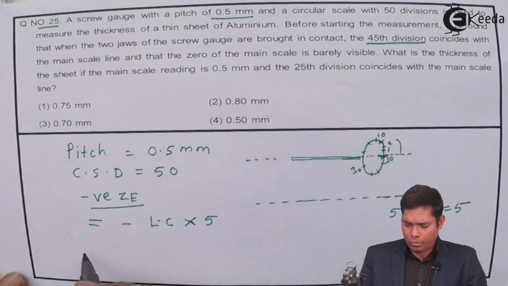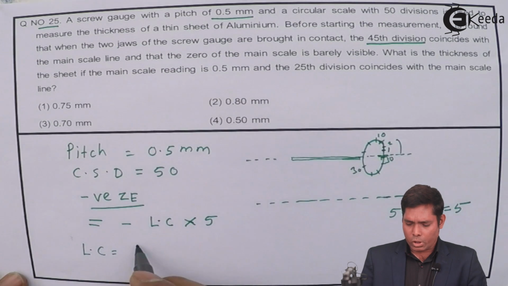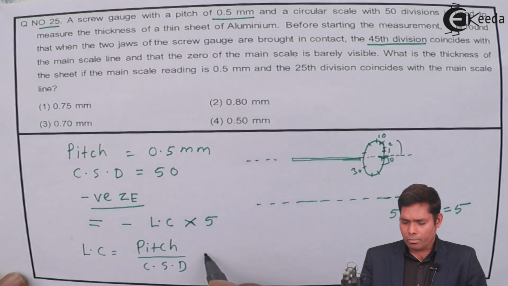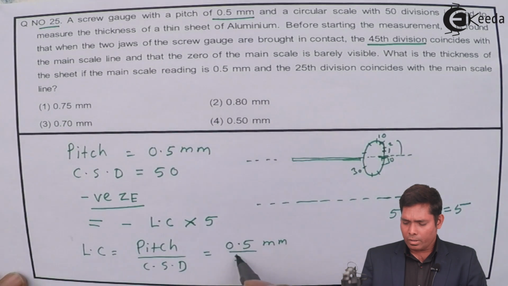Now, the least count of the screw gauge is given by pitch divided by the total number of circular scale divisions, which is 0.5 mm divided by 50.